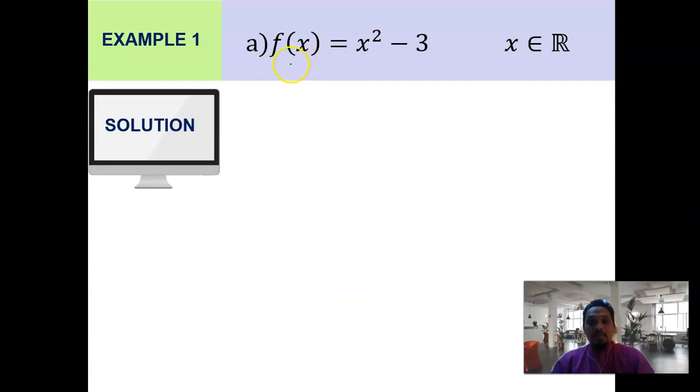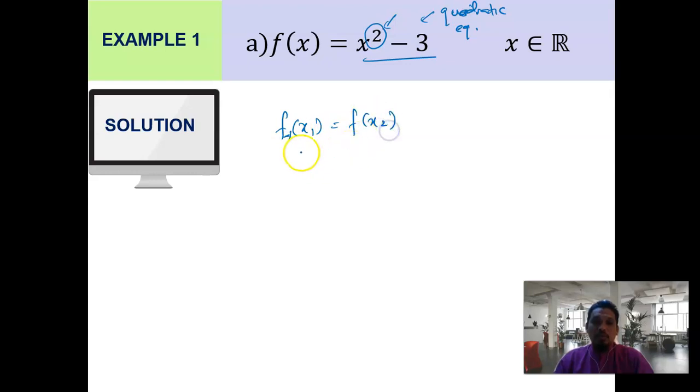So, given to us a function f(x) equals x squared minus 3. Class, where we call the highest degree of x, which is 2, from this example, this is a quadratic equation. x squared minus 3. So let's imagine that f(x1) equals f(x2).